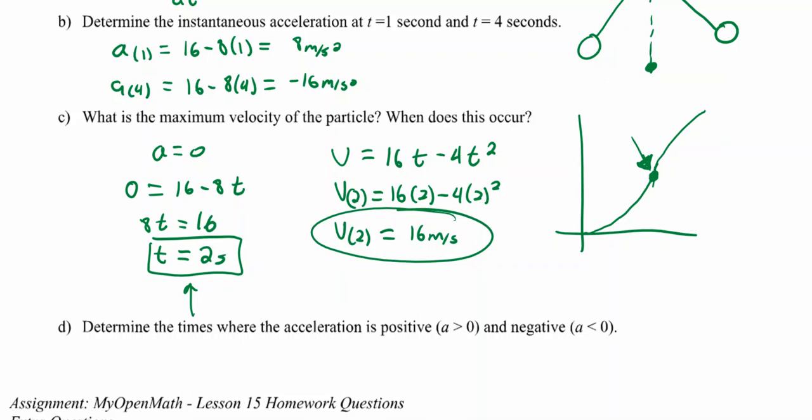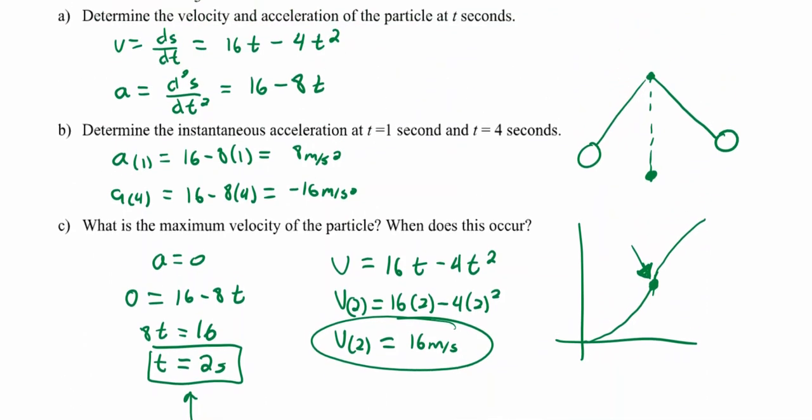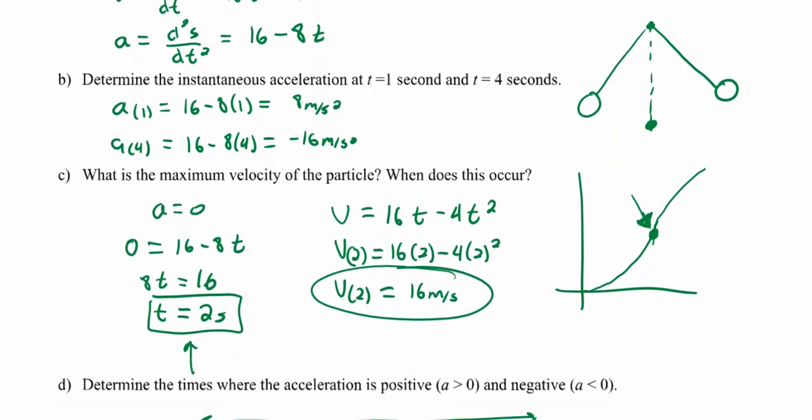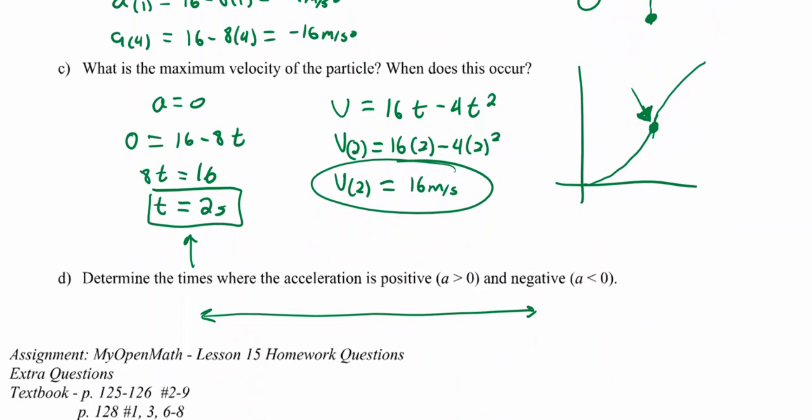All right, last one. Determine the times where the acceleration is positive, so a is greater than 0, and negative when a is less than 0. So let's throw down the number line. And let's figure out when a is equal to 0. So we'll say 0 is equal to the function for acceleration, 16 minus 8t, to find our critical numbers.